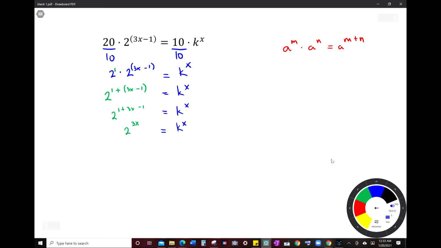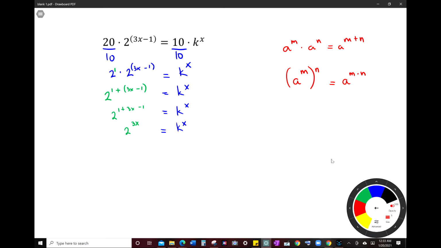Alright, and then next step, I will need to know the power rule of exponents. And the power rule says a raised to the m, everything raised to the n, equals a raised to m times n. So we get back to the left side. We have 2 raised to 3x.